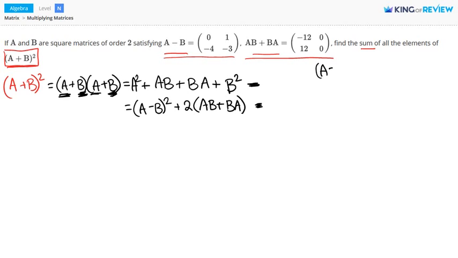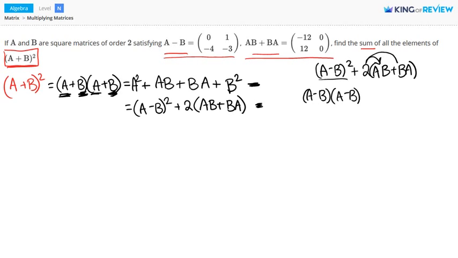If we have (a−b)² plus 2 times (ab plus ba), let's multiply this out. (a−b)² is the same thing as (a−b) times itself. And now we'll distribute this 2 to both items within the parentheses.